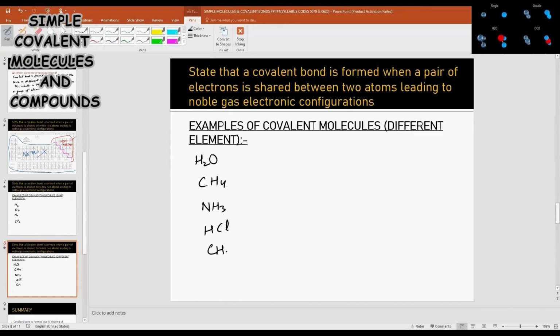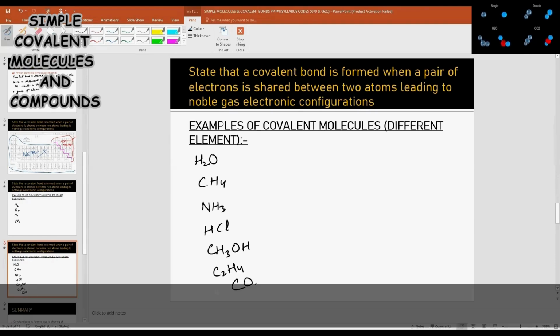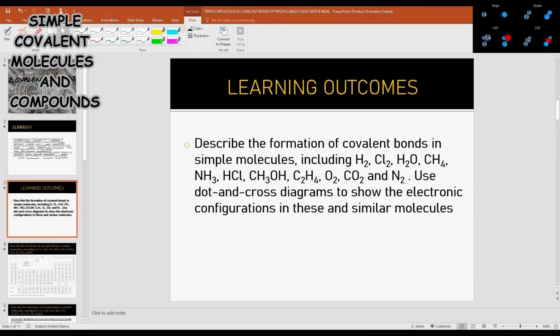Methanol, CH3OH, used in hospitals. C2H4, it's ethene, used in the manufacturing of alcohol. Carbon dioxide, and so on.